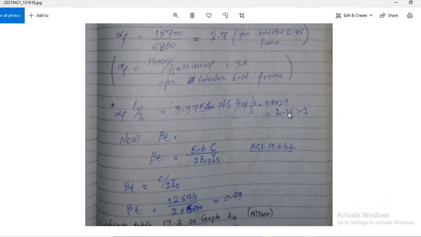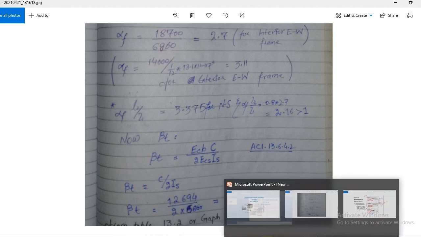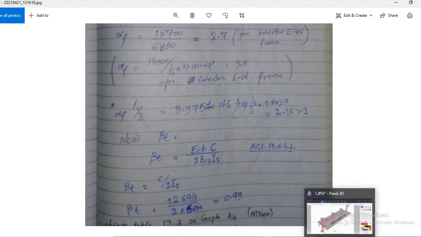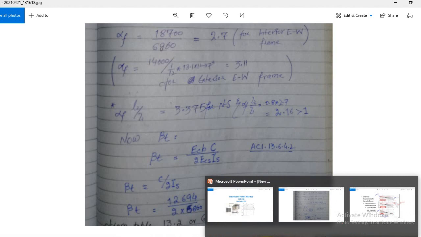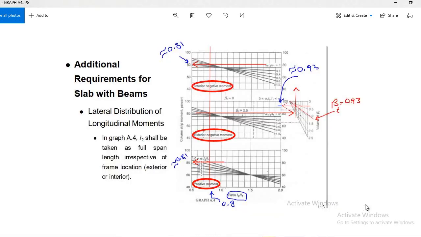So this is 2.16, which is greater than 1. So this suggests that this one.